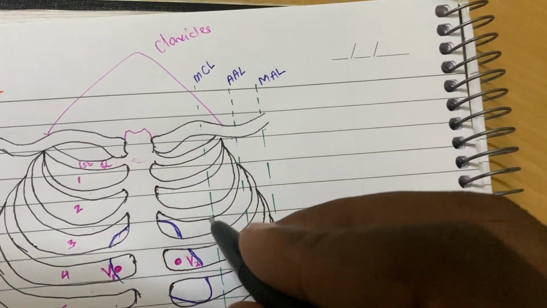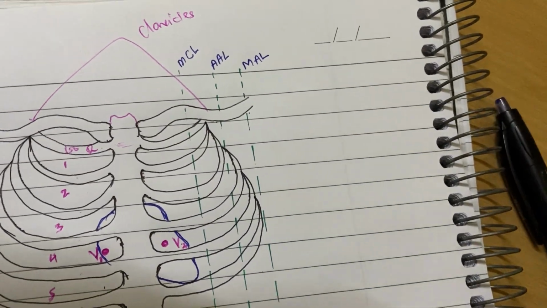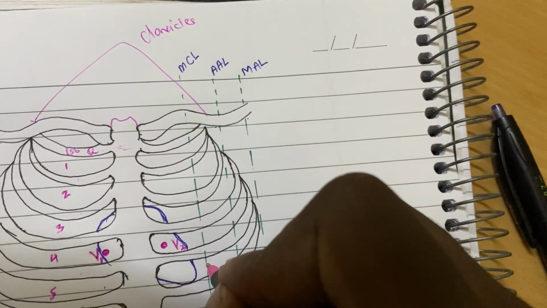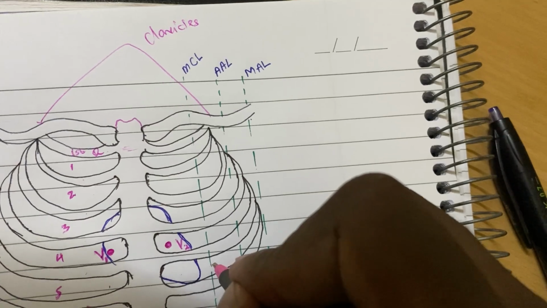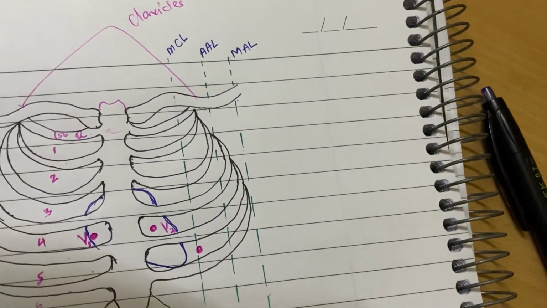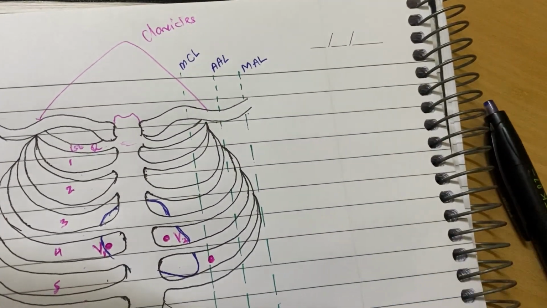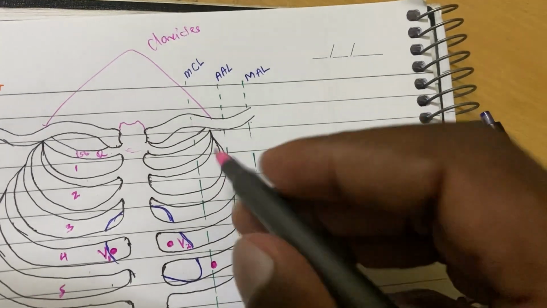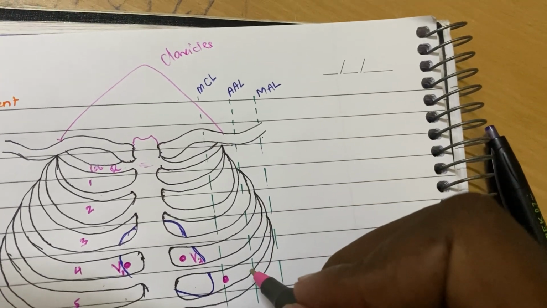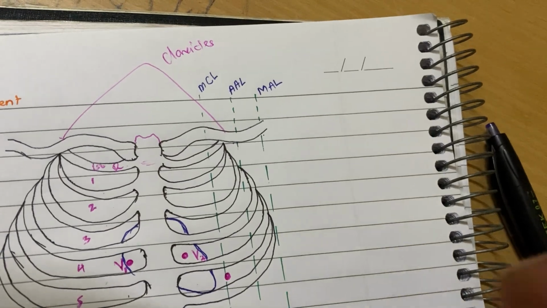Now the next one, V3, we are going to skip it for now, and we go for V4. V4 is put in the 5th intercostal space. This is the 4th, 5th intercostal space, at the mid-clavicular line. And then V3 is put in between V4 and V2.